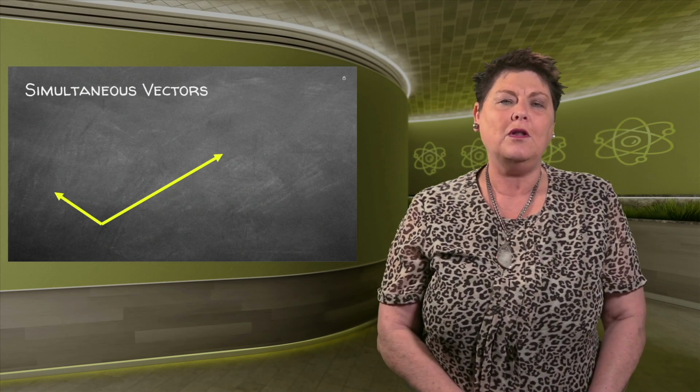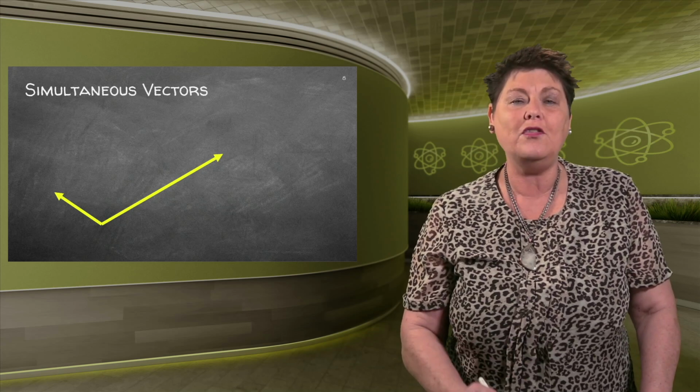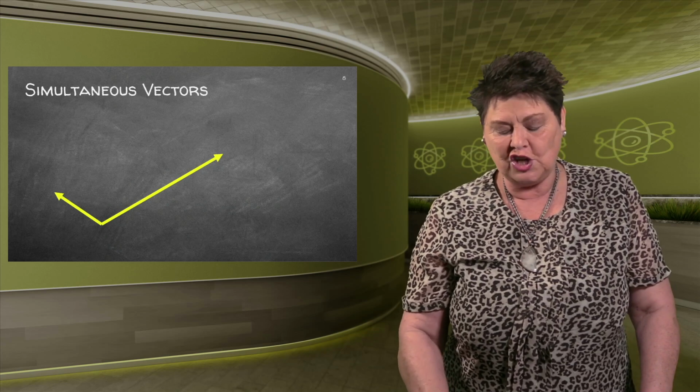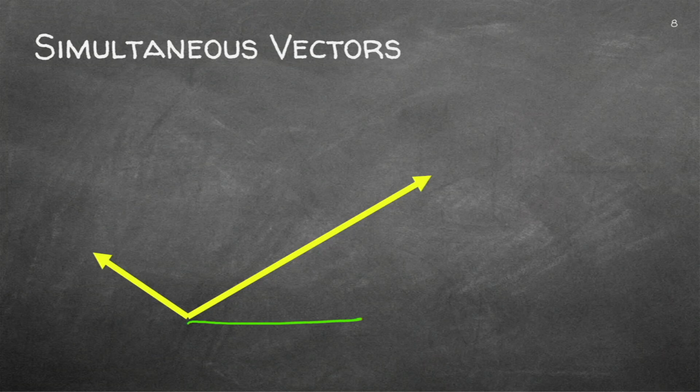Another example will be two simultaneous vectors that are not on the y and the x axis. So this can be a more challenging one. I've got here an example of 10 Newton pulling to that side, and I've got this angle as 45 degrees.